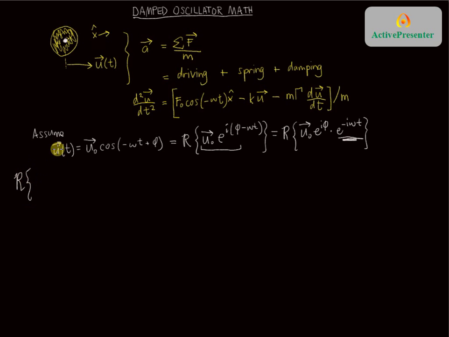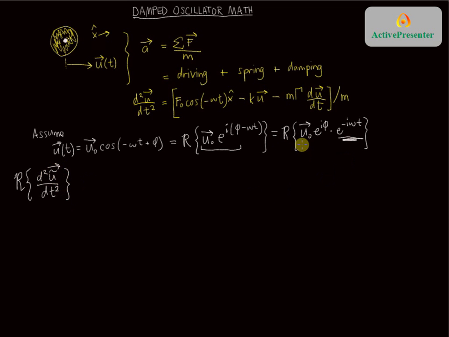So we will say that the real of d squared u, and now I'm going to write a tilde over this, to indicate a complex u.